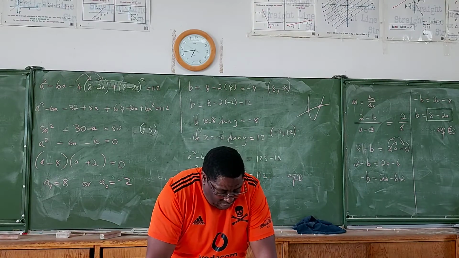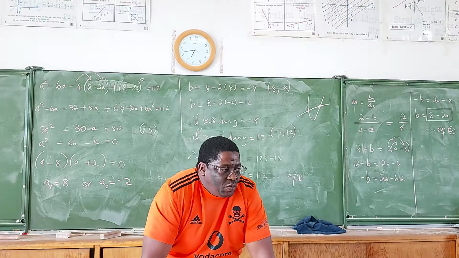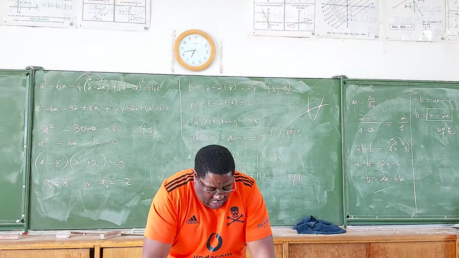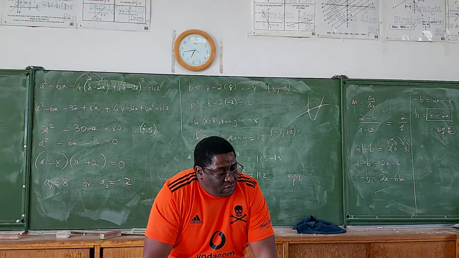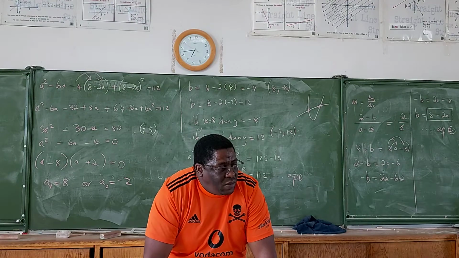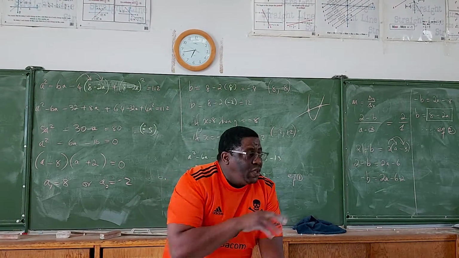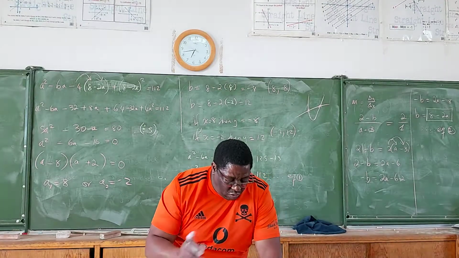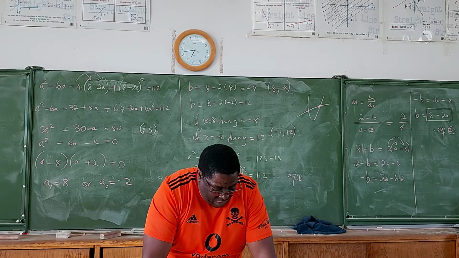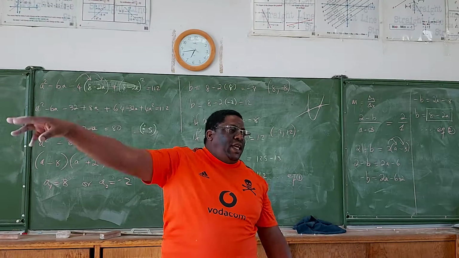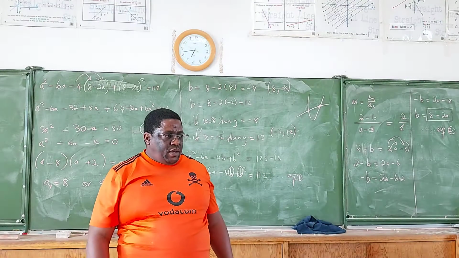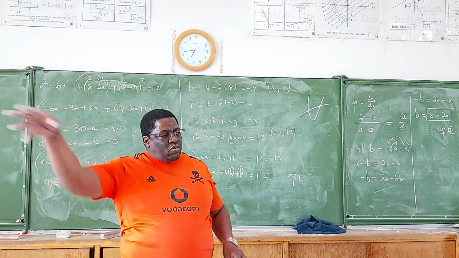So first of all, they say find an expression for b in terms of a. That means you can use the gradient, but you have got a point A there, which is negative 1, 1. You can use the gradient formula because they are giving you the gradient. So use the gradient formula in order to find the value of b, but your answer will have an a in it. Okay, so it will be b equals blah blah blah.